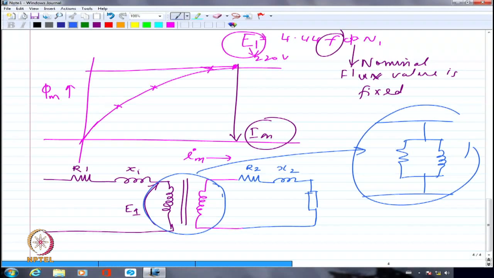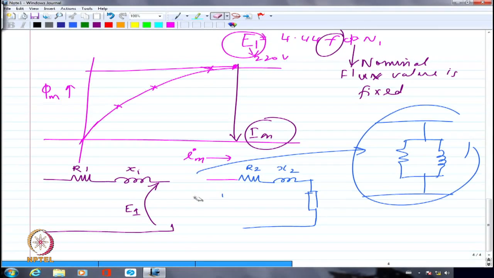So I would rather erase this portion and show it as though I am connecting basically one resistance and one inductance here. And now I will show the primary winding as an ideal primary winding. Right? And similarly, the secondary winding, let me show as an ideal secondary winding with the core in between.